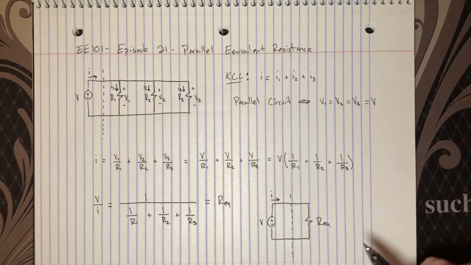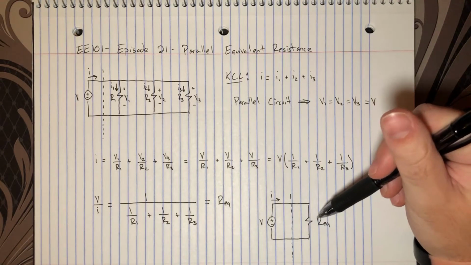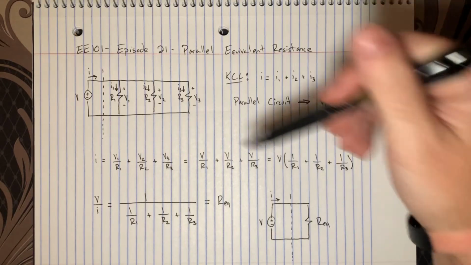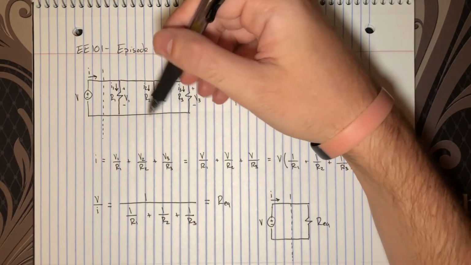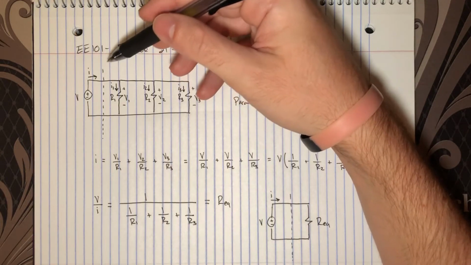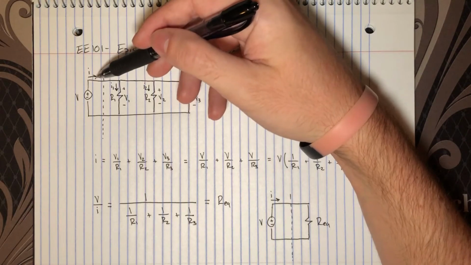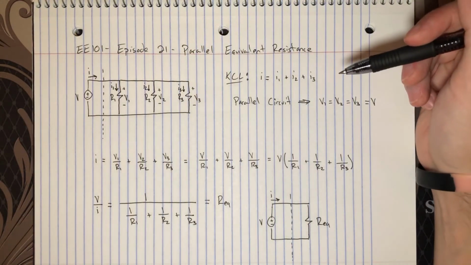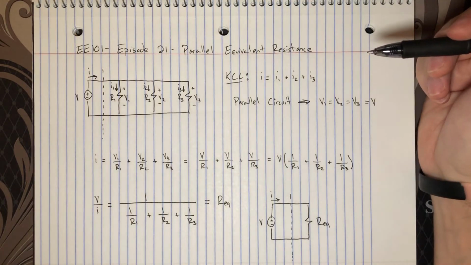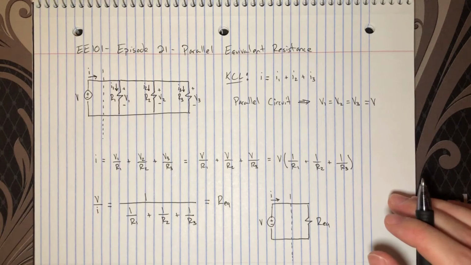So the point I'm trying to make here is I could have a single resistor with this equivalent resistance on the right side of this dotted line, and you would never know the difference. If this was in a box and you couldn't see what was inside, the same current would flow for the same voltage. And like I mentioned in the previous video, a lot of times in electrical engineering, this just makes our analysis easier, and it makes things easier to talk about.